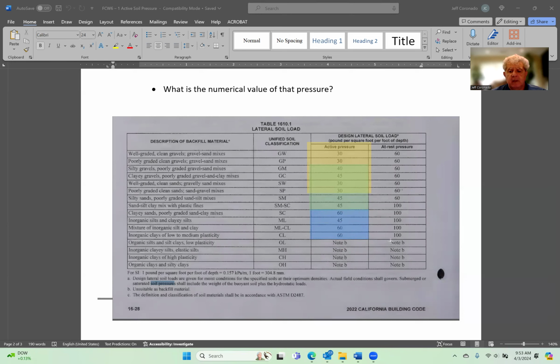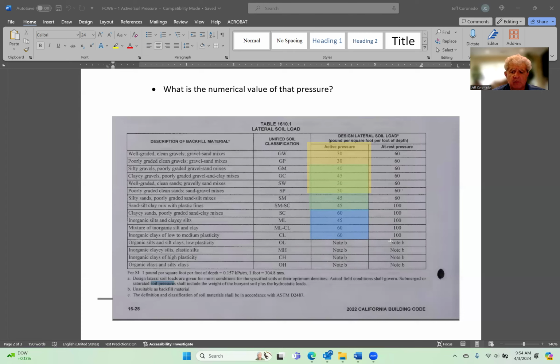If not, you can request that information from your building and safety department. They might be able to give you the active soil pressure for that zone.